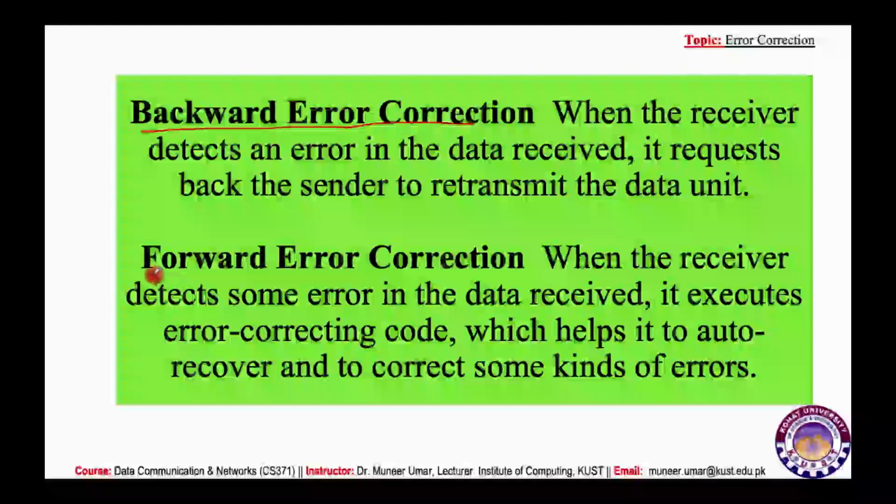Forward error correction is correction at the receiving end without retransmission of data from the sender. When the receiver detects some error in the data received, it executes an error correcting code which helps it to auto recover and to correct some kinds of errors.